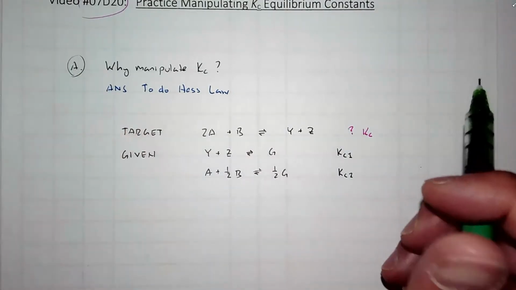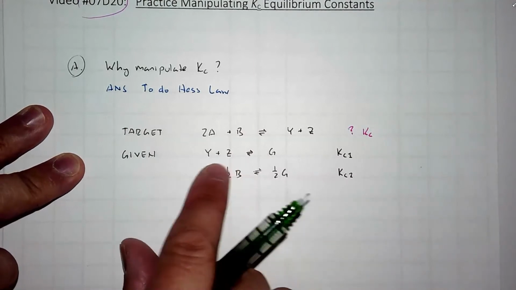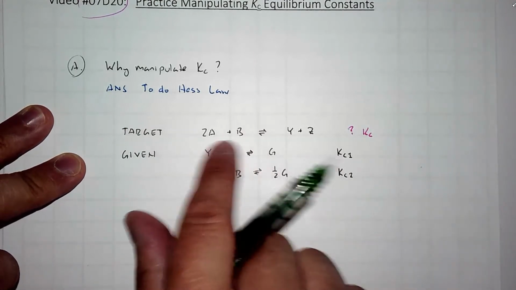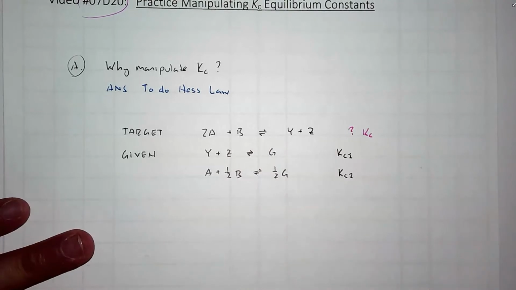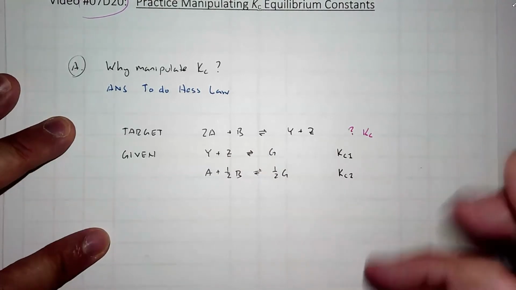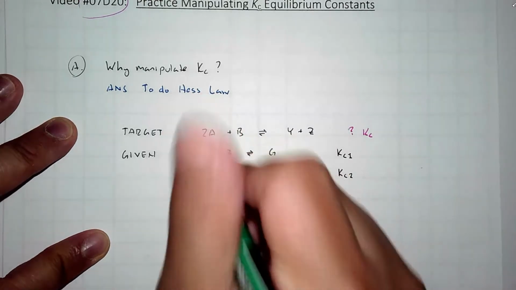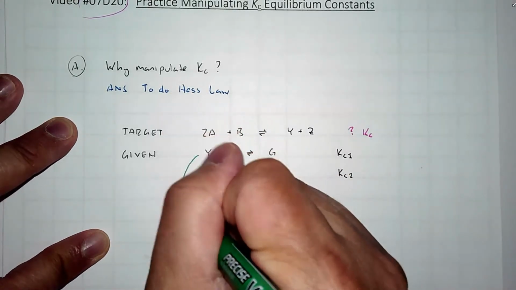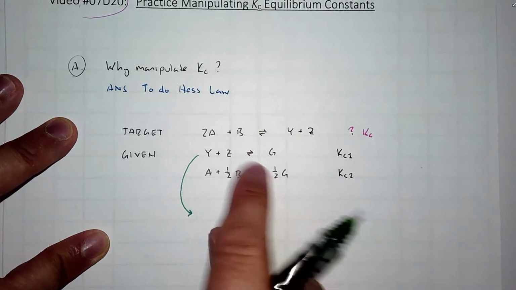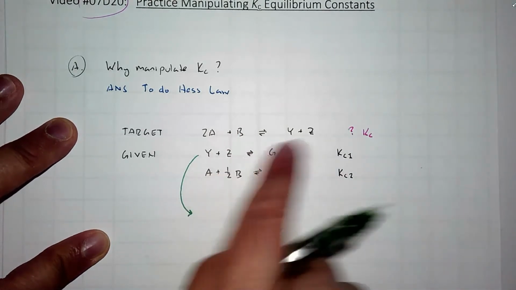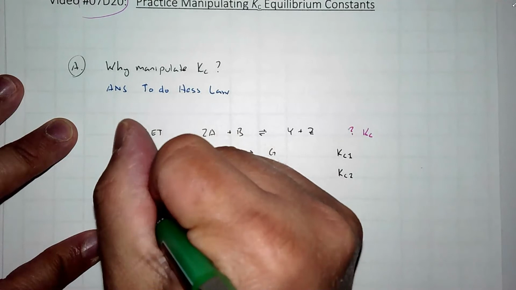As you recall, you manipulate the given reactions so when they add up, they give you the target. The trick here, as a reminder, is to make sure that the compounds are on the correct side. For this reaction here, it looks like I have to reverse it to get the Y and the Z on the right.